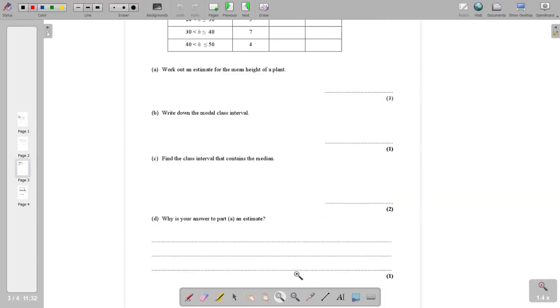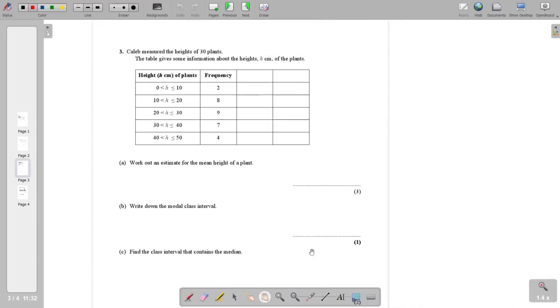Question 3, same approach. They want the mean, model class, and the median. So again, we can find the mid-interval and we can work out the total height. That's 5.